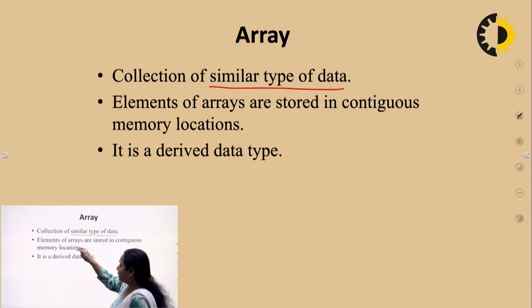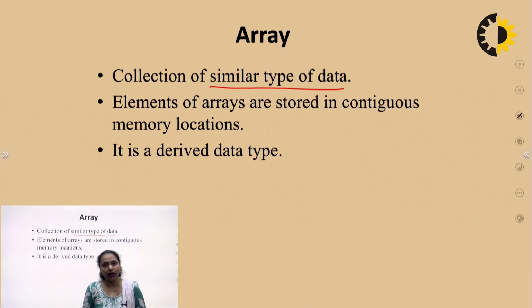Now how do we name and recognize all the data within an array? In the past, to store 5 different integer numbers I would use 5 different variables. But when I use an array, the name remains the same.